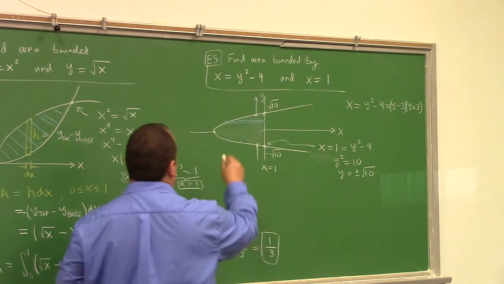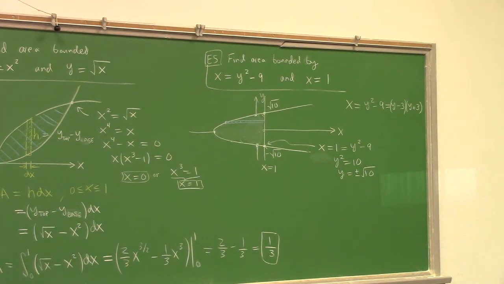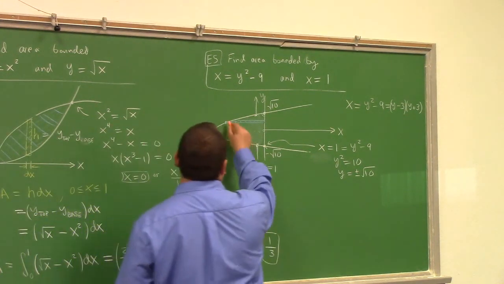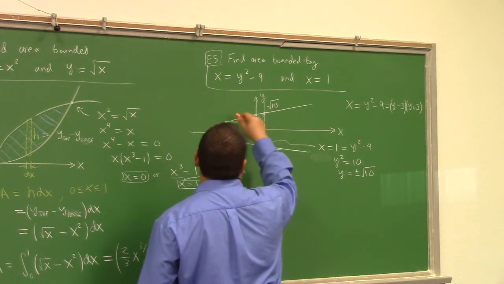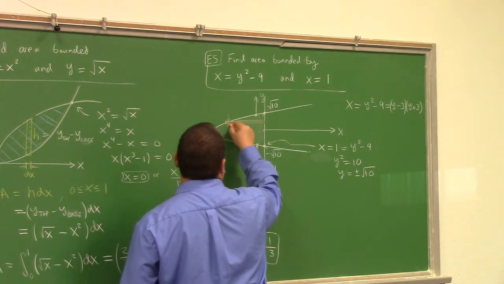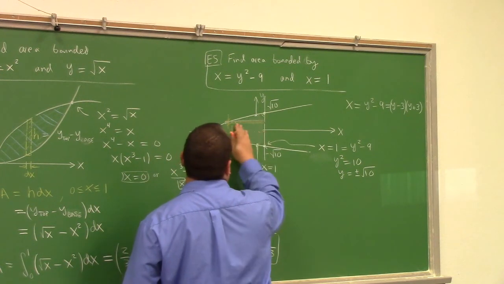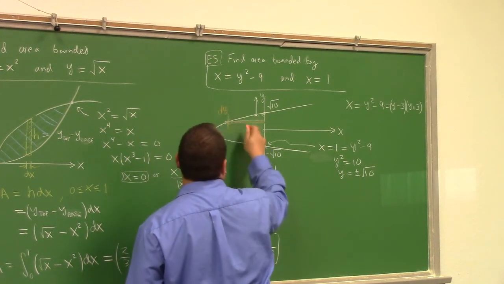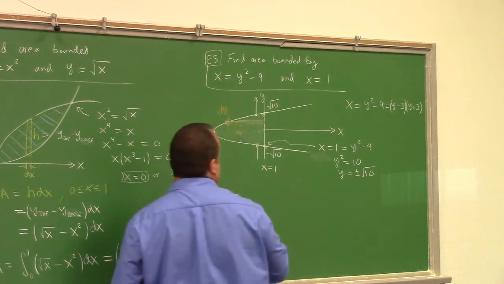What's the thickness of my approximating rectangle? Although I really should say my infinitesimal rectangle. Horizontal infinitesimal rectangle. What's the area here, dA? Well, first of all, what's the thickness? It's dy. Very good. And this is what we might call W, right?